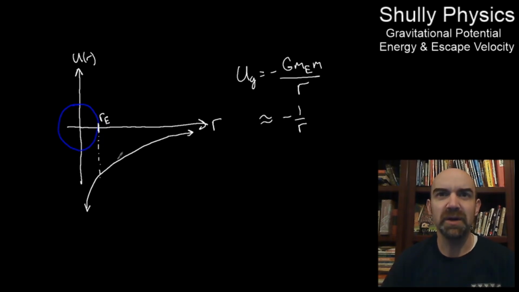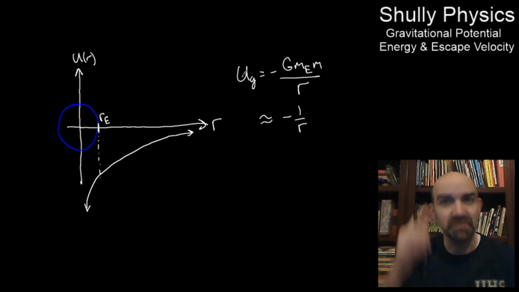But if we look at this potential energy function outside, and if we increase R, look at what's happening to potential energy. You might be like, well, potential energy is negative. That doesn't quite make sense. Well, it does. As R gets bigger, what happens to the value of potential energy? You've got to remember, energy is not a vector. This is a scalar.